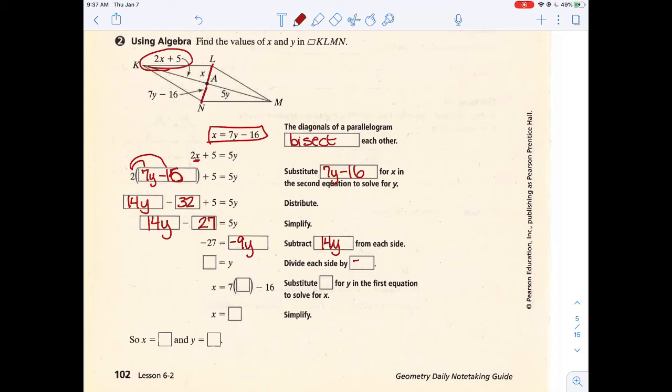So then we're going to divide each side by negative 9, and y equals 3. So since we know y equals 3, we can come back here to that first equation and figure out what x is. So we're going to substitute 3 for y, and I know 7 times 3 is 21, minus 16 leaves us with 5. So we know that x is 5 and y is 3.